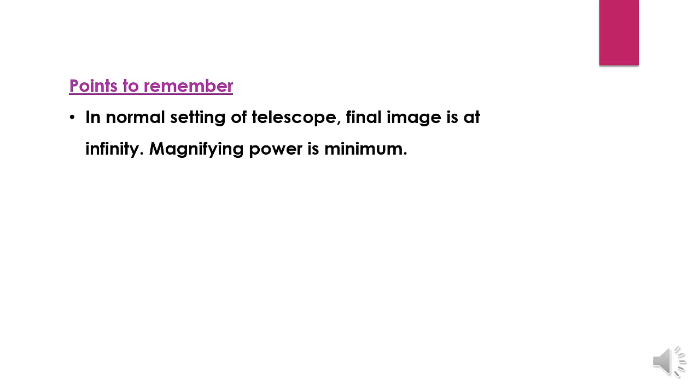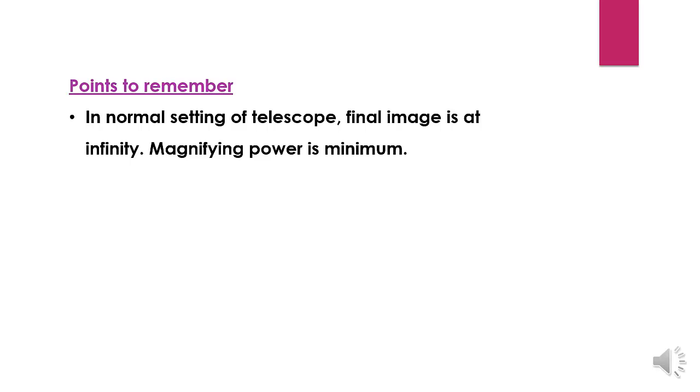Reflector. Here the radius of curvature of the reflector, that is R divided by 2, the whole divided by the focal length of the eyepiece. Then the important points for the Cassegrainian telescope. In normal settings of the telescope, the final image is at infinity and magnifying power is minimum. In the case of telescope, the final image normally forms at infinity only.